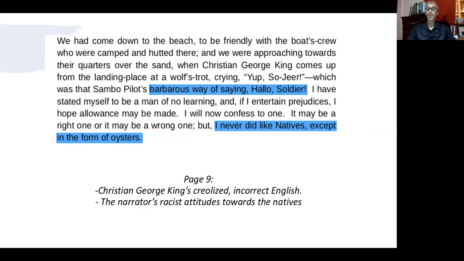This is another way of objectifying, dehumanizing, you know, turning the natives into animals, the Sambos, even though these people were at their services. And we could notice now here that Christian George King, throughout, is actually representative of the native other.